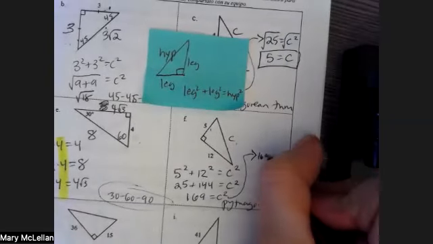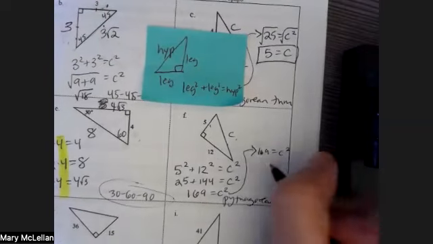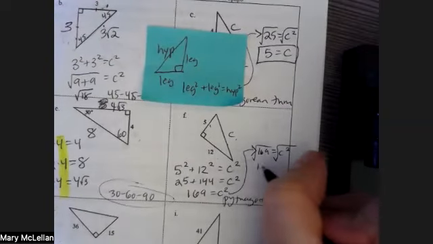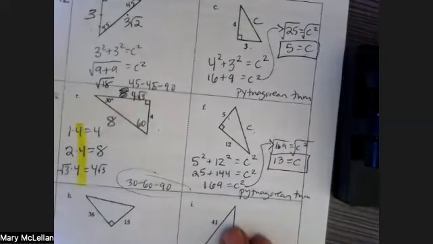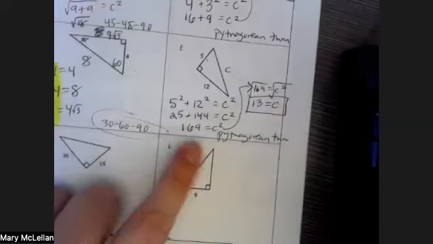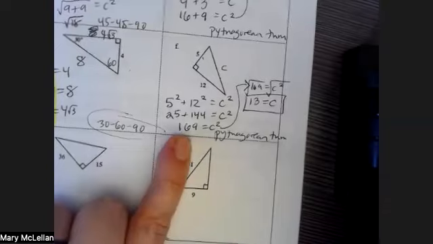I take the square root of both sides, and 13 is c. Very good. Next. This is a no calculator chapter, everybody. So if you didn't know that this was 13, you could write the square root of 169. Okay.